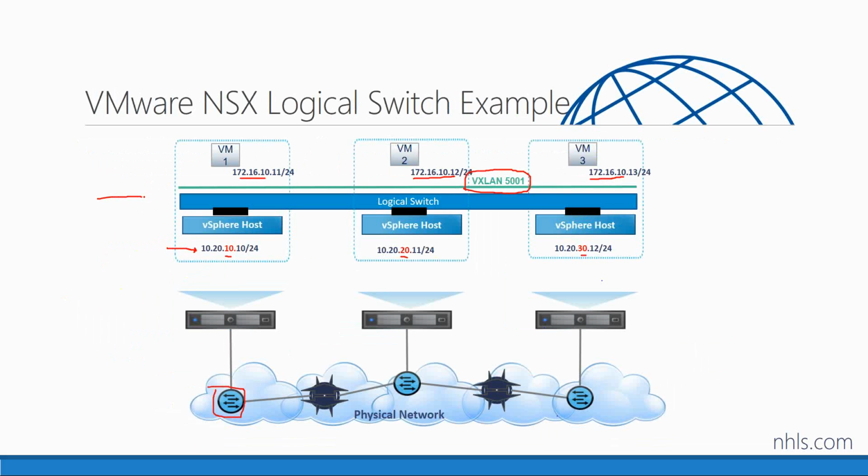Notice where we have this item that says logical switch. What NSX is doing in this scenario, and there are more scenarios, is presenting that logical switch across all of those hosts at those different physical locations so that we get layer 2 adjacency between those VMs, even though they're in different physical locations. And here's the beauty.